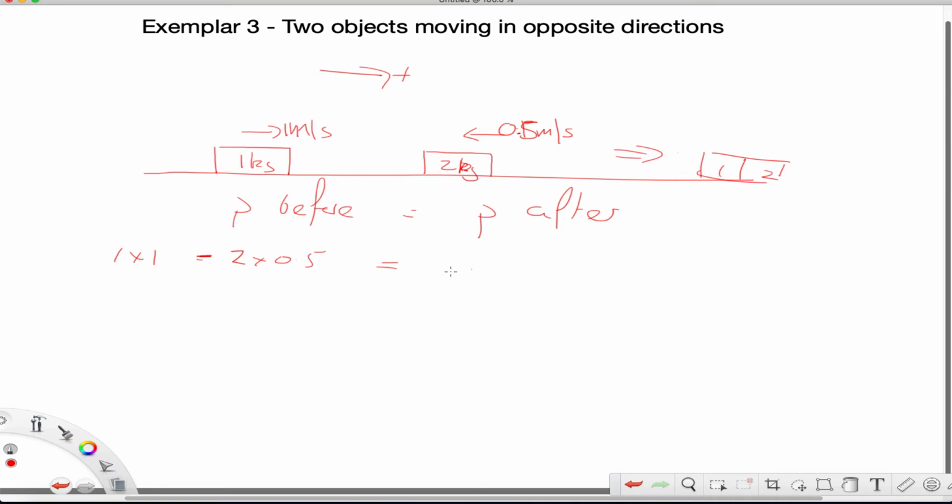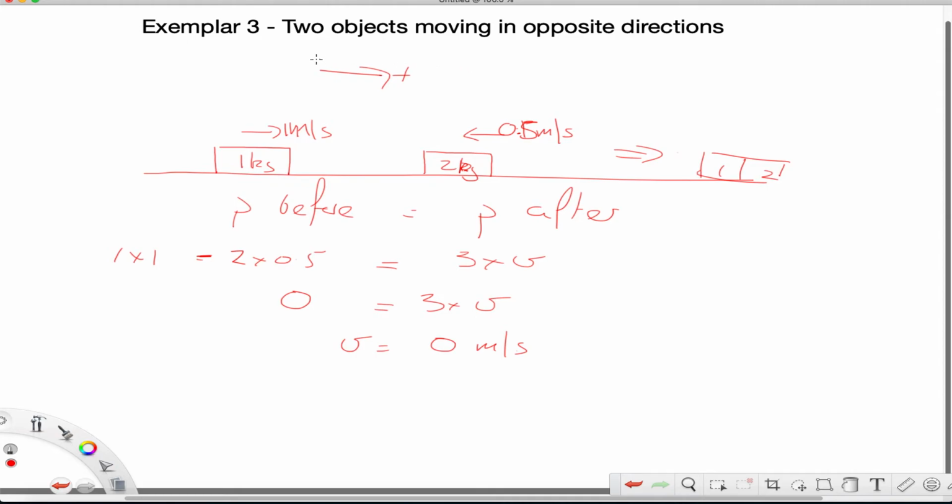There's my 1, there's my 2. So 1 times 1 minus 2 times a half is our 3 times V. Well, here you see 1 minus 1 is 0. So our velocity will be 0. These two colliding, if they stick together, will stop. The momentum of this one exactly cancels the momentum of that one, if you like.